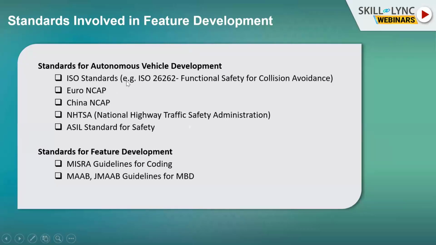These are the standards which must be followed before the vehicle is launched in the market with that kind of feature inside it. These standards are regulated by governments of different regions.